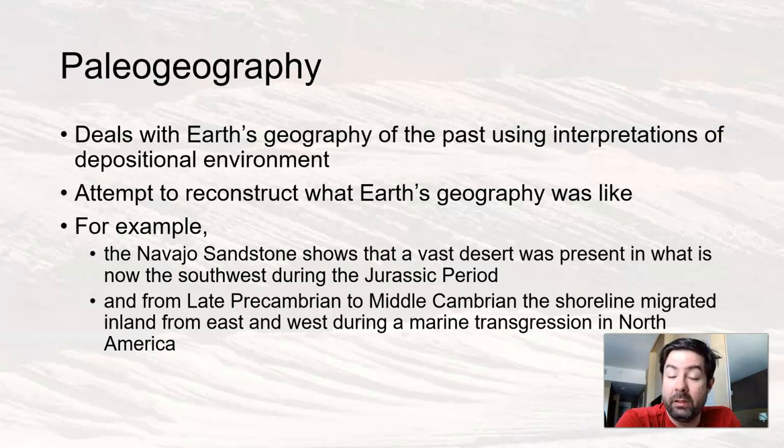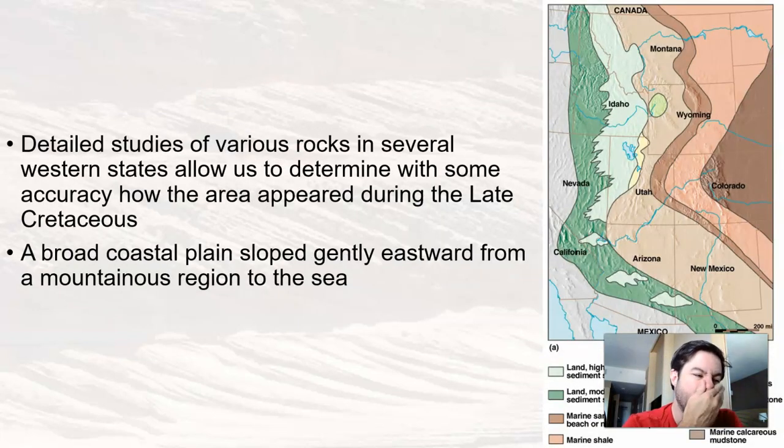And also, from another fun example, from the late Precambrian to the middle Cambrian, the shoreline of the ocean migrated inland from east to west during a marine transgression in North America, meaning ocean levels rose. If you can imagine, from the Mississippi River, as sea levels rise, that oceanic water came further and further west.